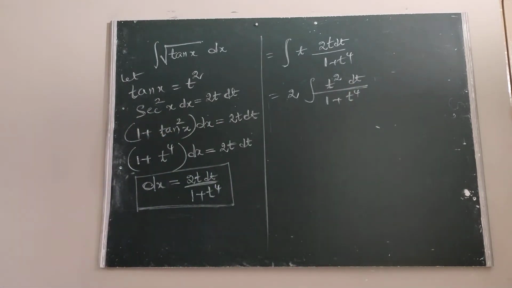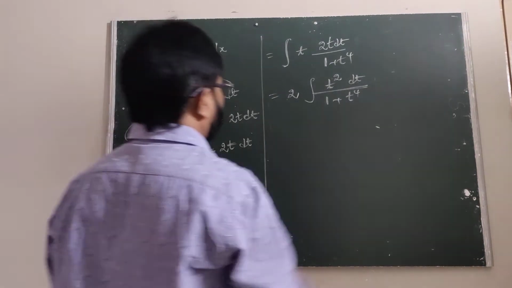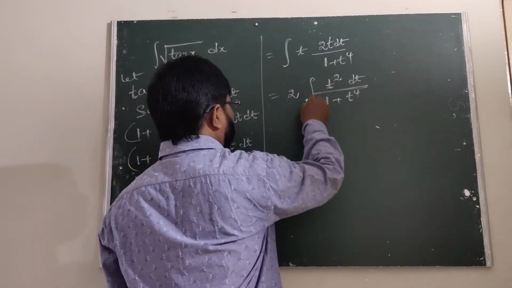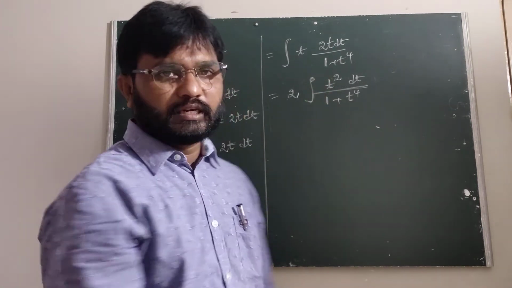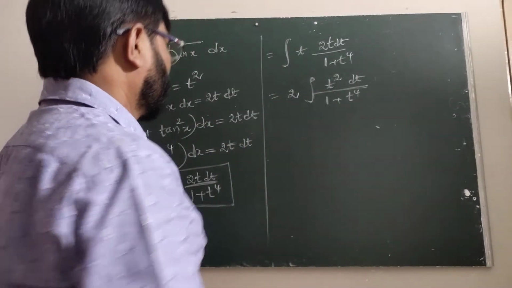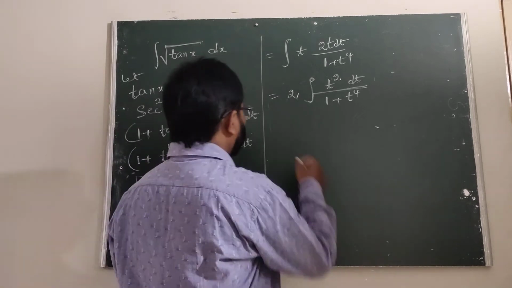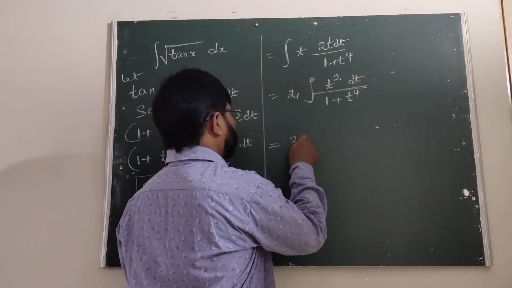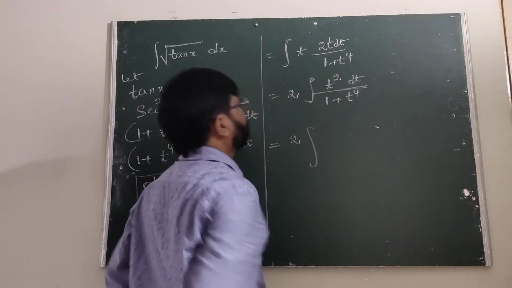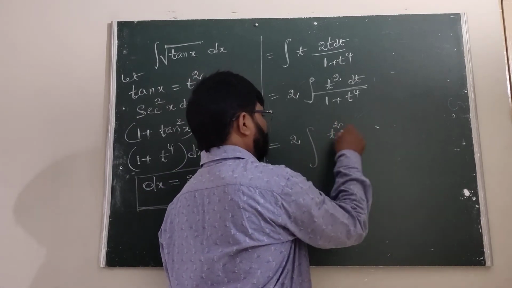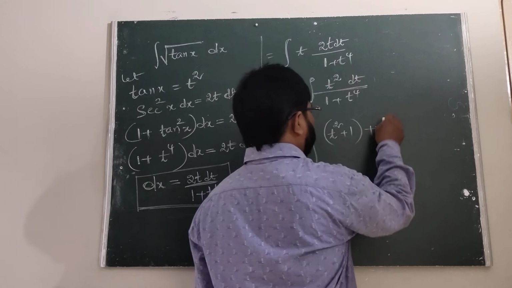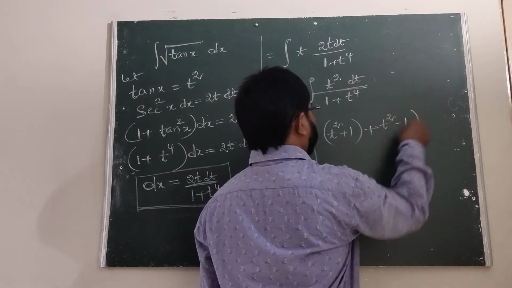Now here, this is method 7. We know there are 10 types of integrals, and this is the 10th one. How to write this one? In this case, we write 2t square as t square plus 1 plus t square minus 1.